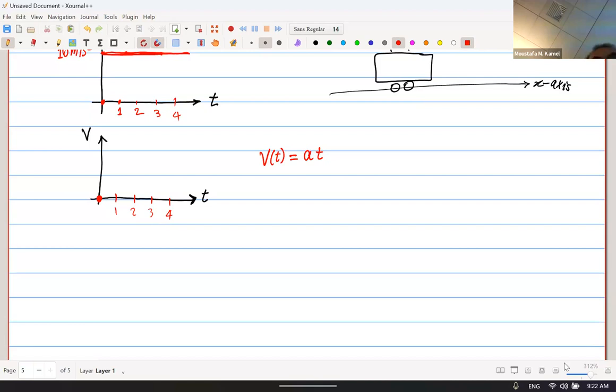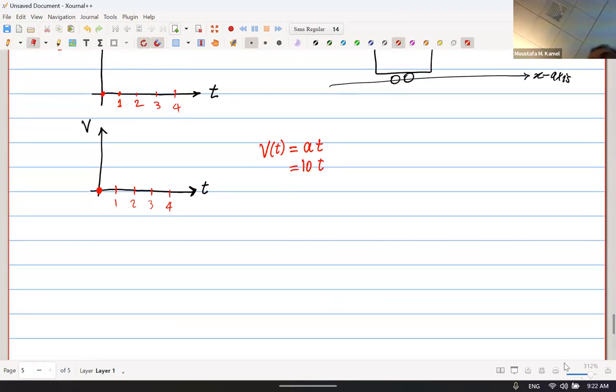We will discuss that in detail, but for now, it's 10 times t because the acceleration is 10. So at t equals 0, v is 0. At t equals 1, velocity is 10. At t equals 2, velocity is 20. And when you connect the dots, you get a straight line like this.